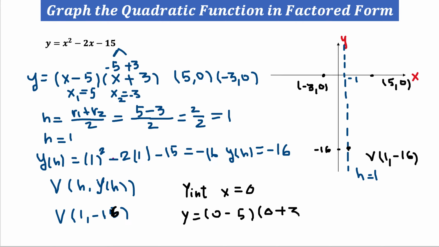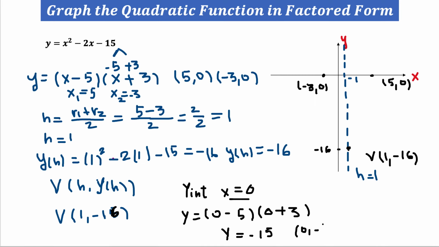And now, when we find the y here, 0 minus 5 is minus 5, and here 0 plus 3 is 3. 3 times minus 5 is minus 15. So we are just verifying this intercept, because we already know it from the standard form. And the y-intercept we can write in this form, because x is 0, so we set 0 here, and y is equal to minus 15.